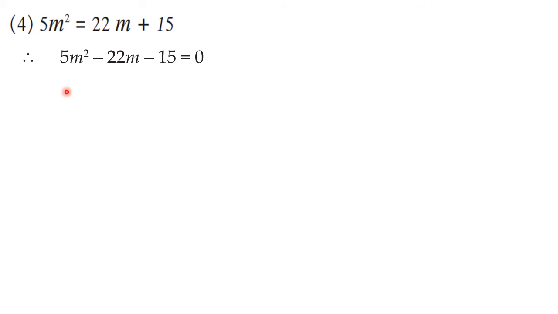Now let us go for the very first step, that we have to multiply the coefficient of the first term and the last term. So that is 5 into minus 15, that will give us minus 75. Now see, the sign of the last term is negative. That means while splitting the middle term now, we will think of subtraction. Two numbers whose multiplication is 75 and difference is 22.